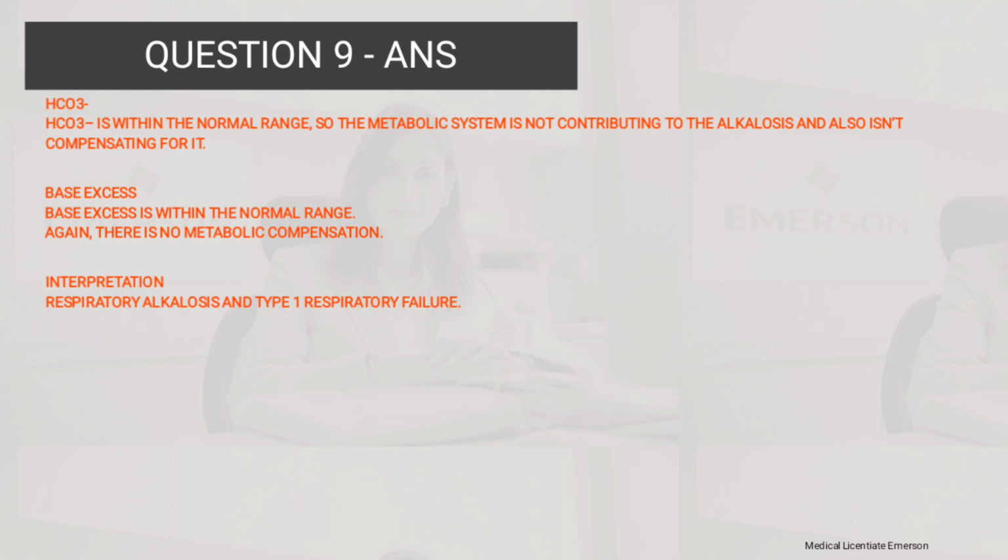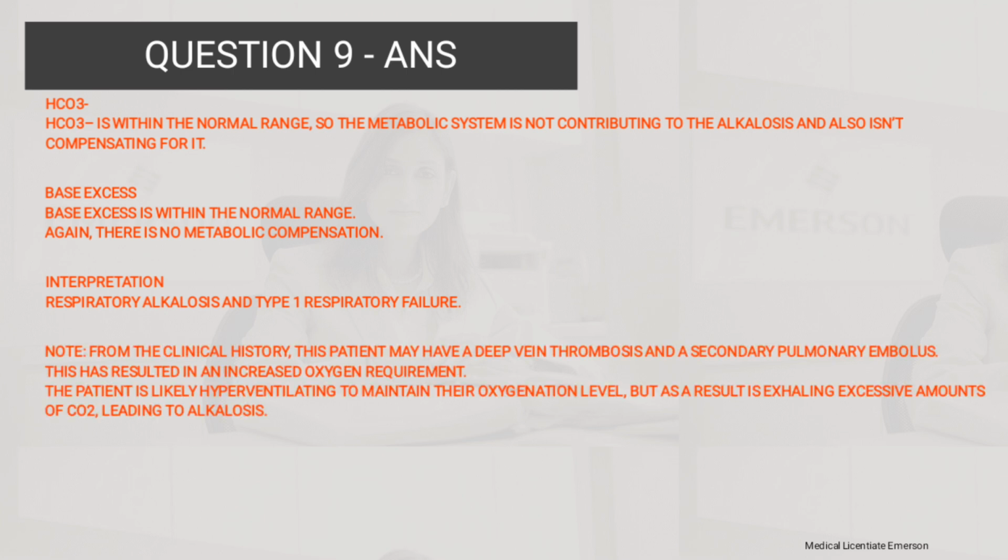So interpretation, this is a respiratory alkalosis and type 1 respiratory failure. So you have to note that from the clinical history, this patient may have a deep vein thrombosis and a secondary pulmonary embolus.